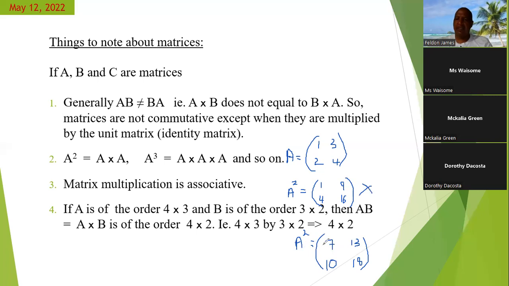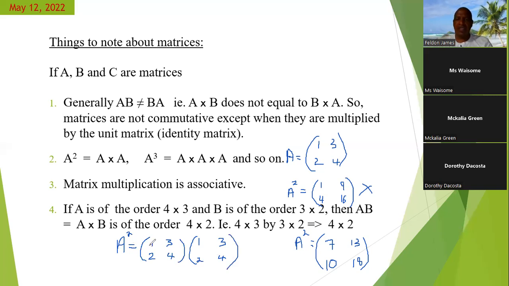I'm not sure if Miss Green's answer is correct, but when we talk about the square of a matrix, what we are really doing is that A squared is equal to the matrix A by the matrix A. So I'm multiplying the matrix A by the matrix A. Just to check if Miss Green's calculation is correct, let us do that.